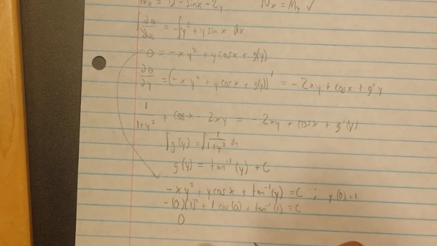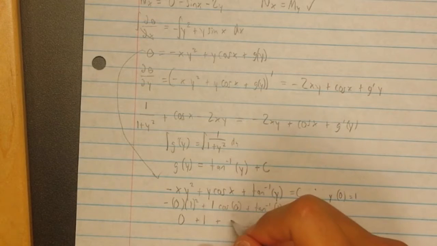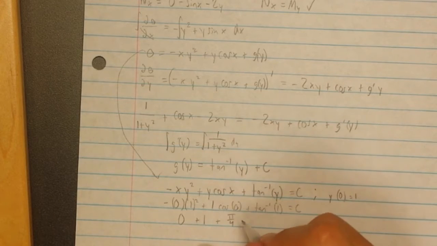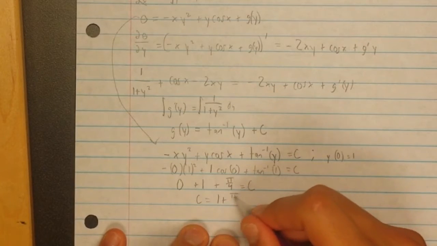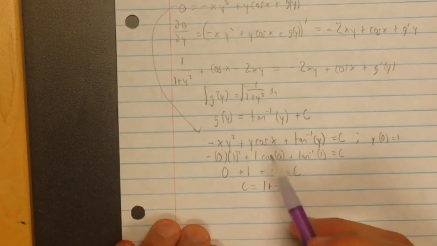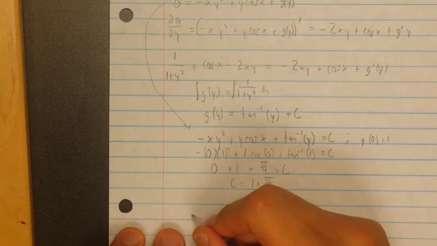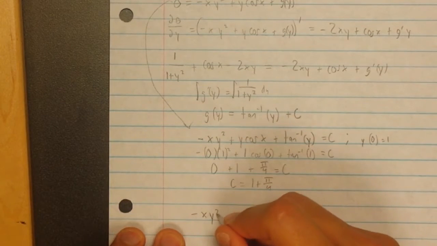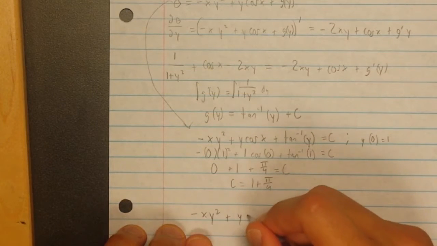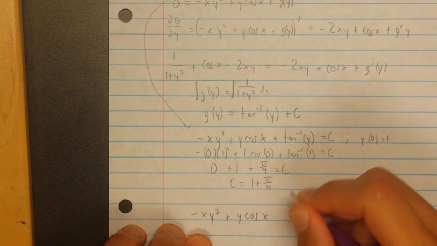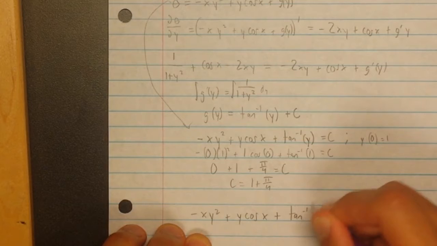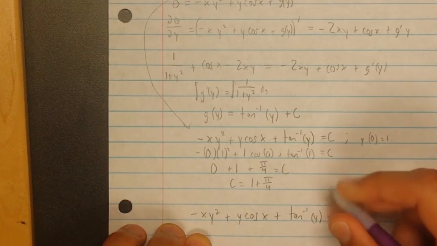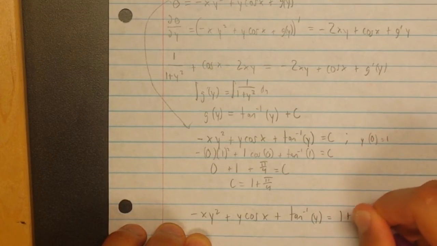So 0 plus 1 plus inverse tangent of 1, that's pi over 4, equals c. So c equals 1 plus pi over 4, giving us the equation of negative xy squared plus y cosine x plus inverse tangent of y equals 1 plus pi over 4.